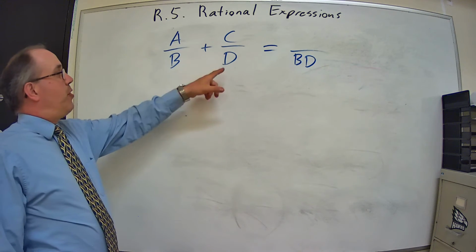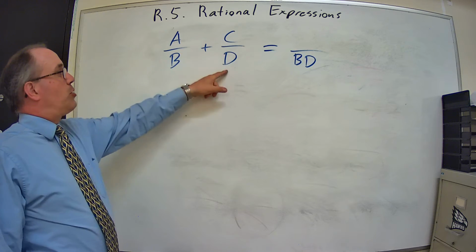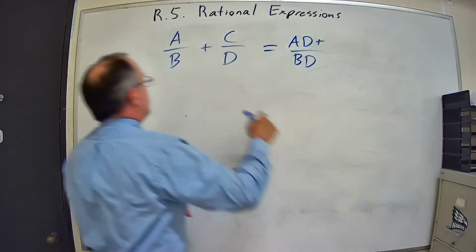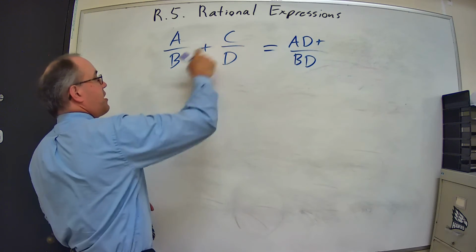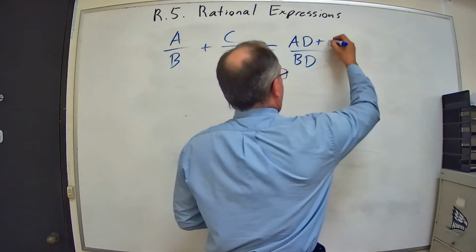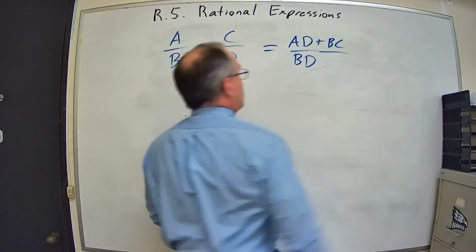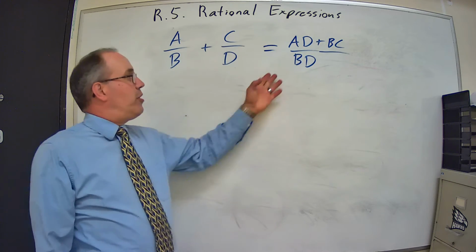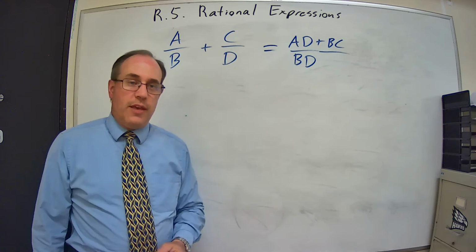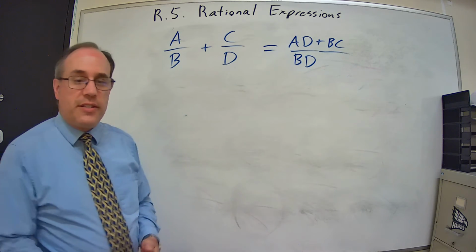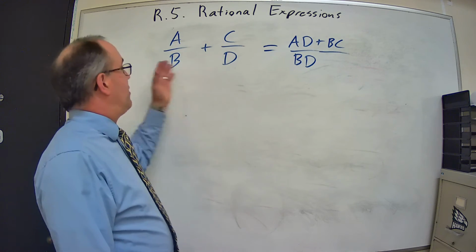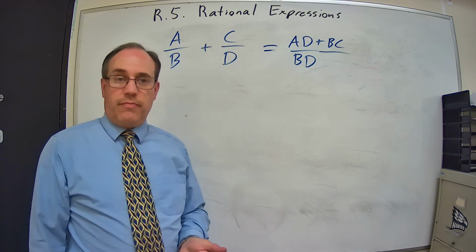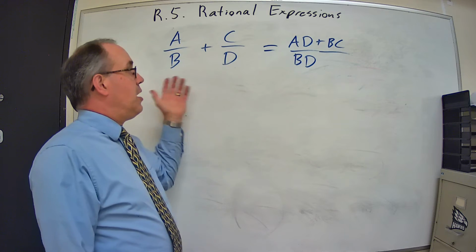But what's going to happen? Well, that means that A is going to get multiplied by D, so you're going to get AD. And C is going to get multiplied by B, plus BC. So AD plus BC over BD. Now remember, this is basing it on the fact that we don't know what that expression or that polynomial actually is.